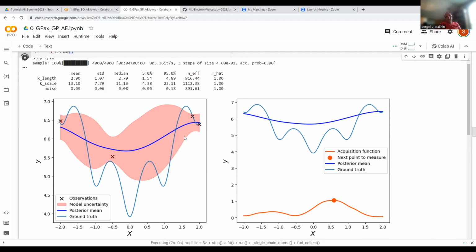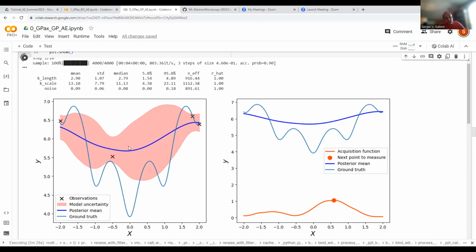So let's see what the algorithm is doing. Imagine that we start with these measurements. We tell the algorithm that given the measurements in these 4 locations, can you please try to reconstruct the function and the uncertainty of this function? And what the algorithm does, it does in the most natural way.